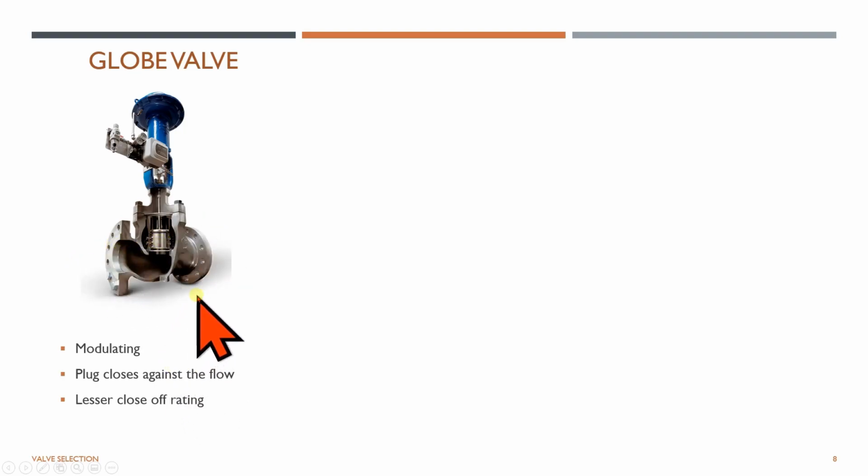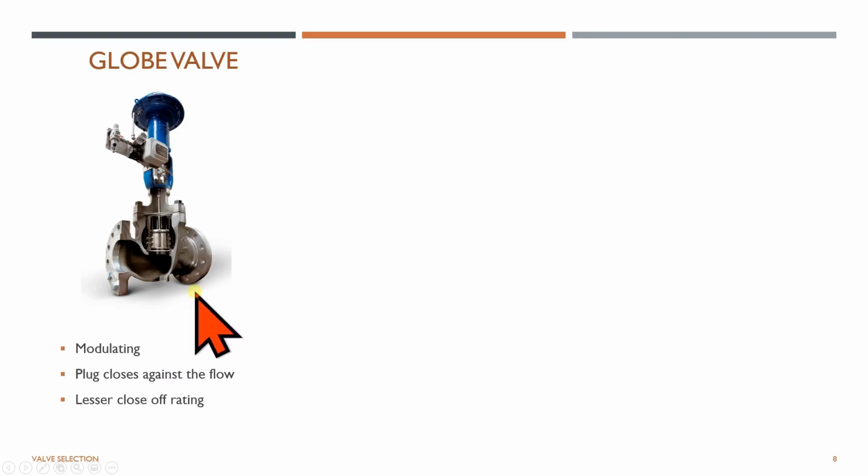The applications using a globe valve, it is commonly used while you want to modulate the temperature, as leakage is very minimal. The pressure drop across the valve would not be of a greater extent, which is ideal for the modulating application.